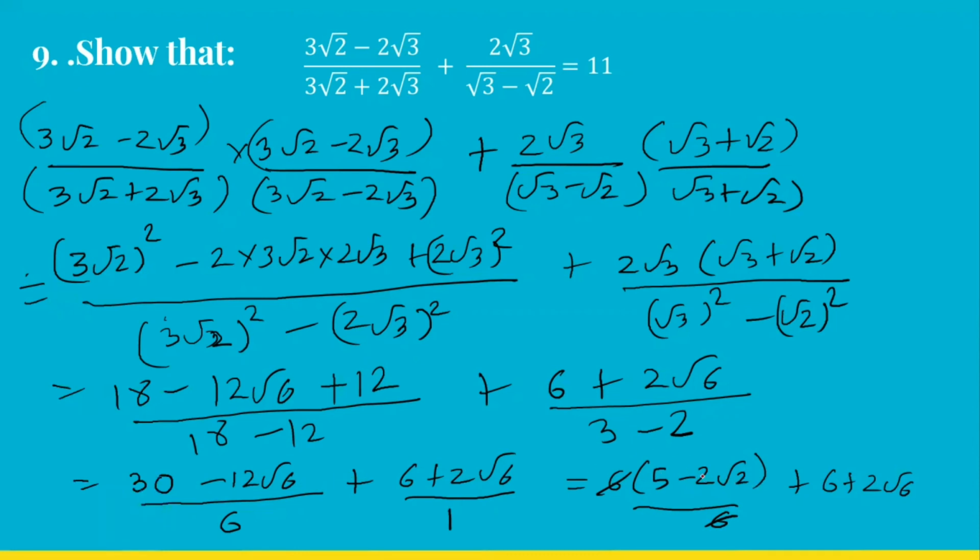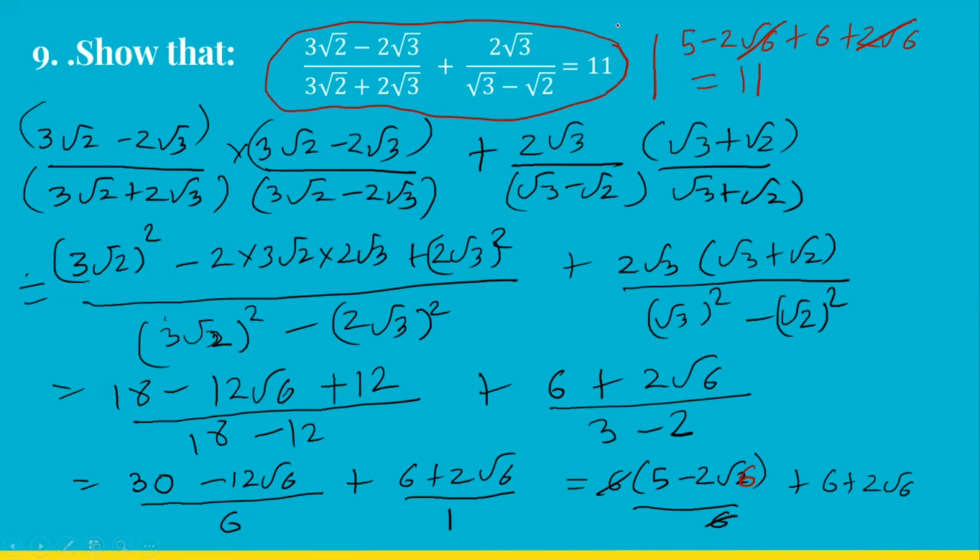Sorry, this was root 6. So let me solve it over here further. You have 5 minus 2 root 6 plus 6 plus 2 root 6. This root 6 and root 6 got cancelled, and 5 plus 6 you get as 11. And this is how we have proved that this is equal to 11.